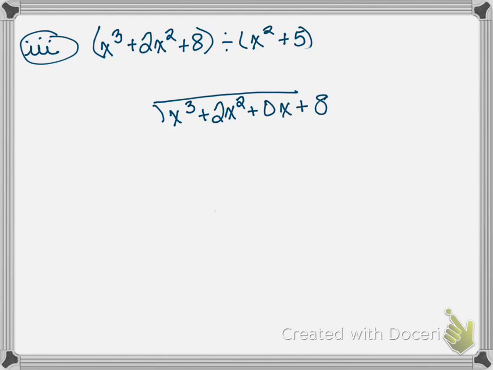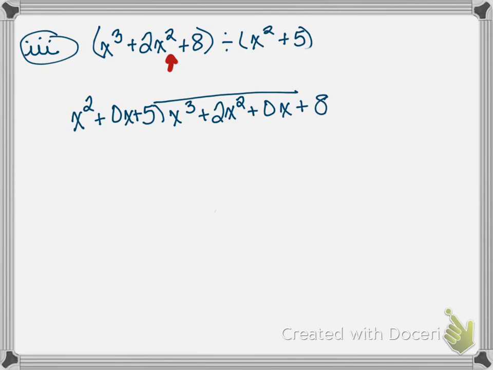And if you notice, we go from x squared to our constant right here. So I have to account for that 0x. I've got to account for that linear term. That's why I've got my 0x there. I have to do that here with the polynomial that I'm dividing by. So I have x squared plus 0x plus 5.